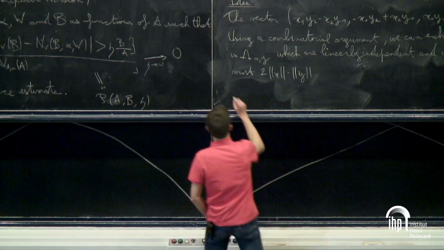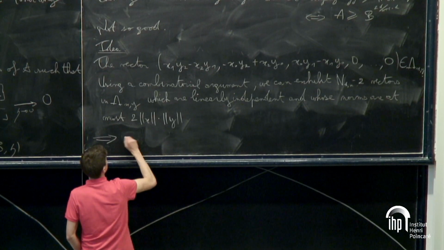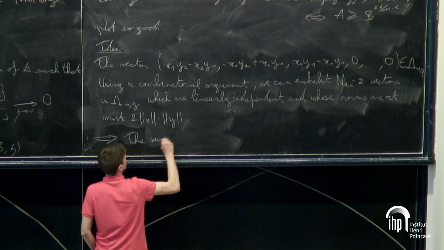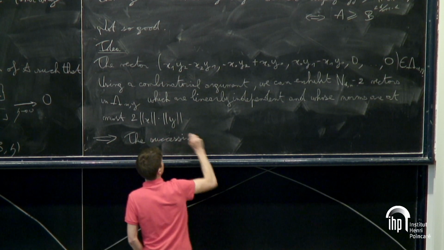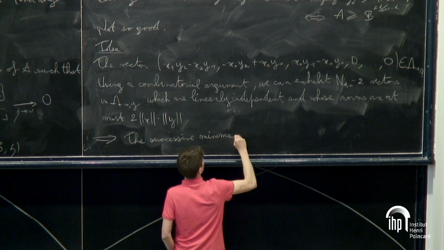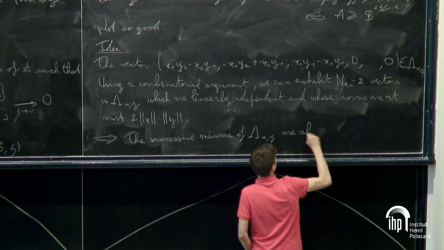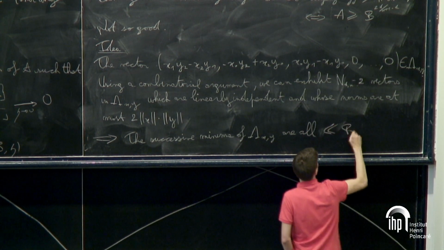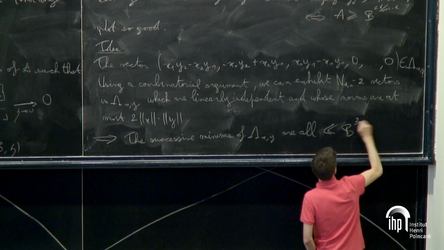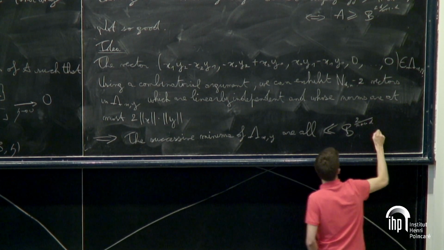So this implies bounds, it implies that the successive minima of Lambda xy are all less than d to the 2 over n plus 1 minus d.